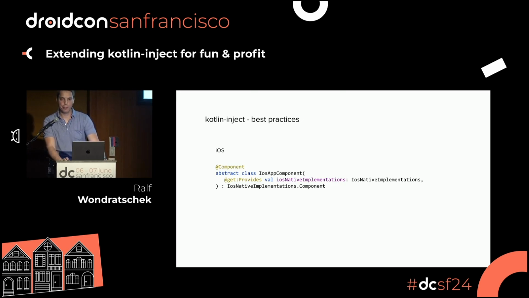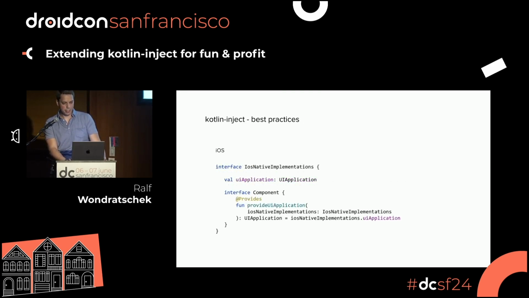But the way we solved it is we introduced this single iOS native implementations interface, which is basically just forwarding all the calls to the implementation. And then we pass this single object to our iOS app component. And then the interface looks roughly like this.